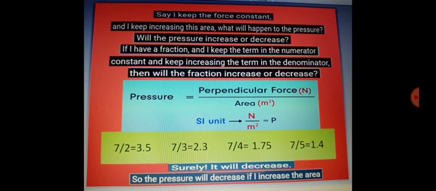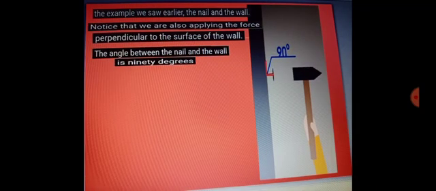So from this we can make out pressure keeps decreasing when we increase the area. Surely with the increase of area, if the force is constant, the pressure will decrease.